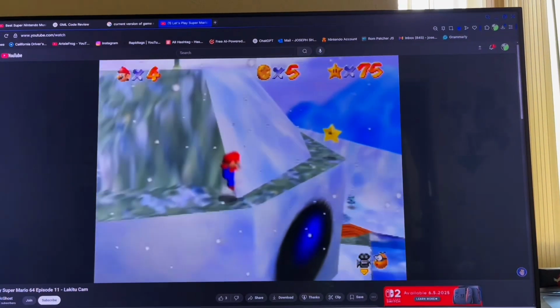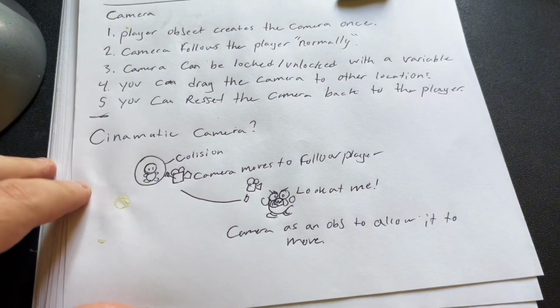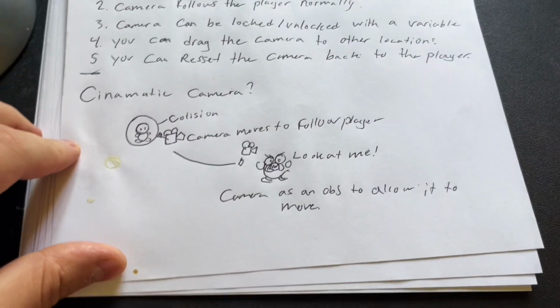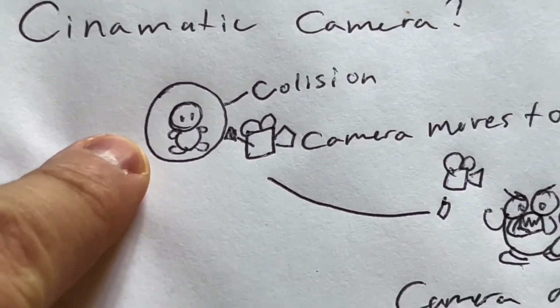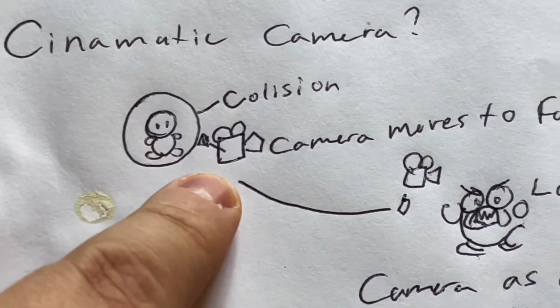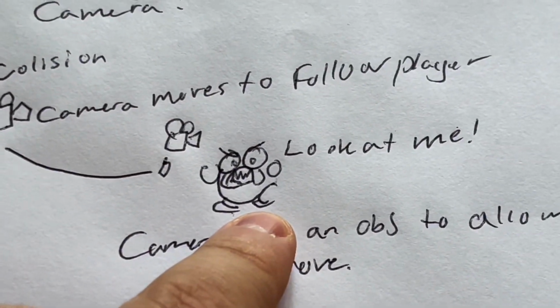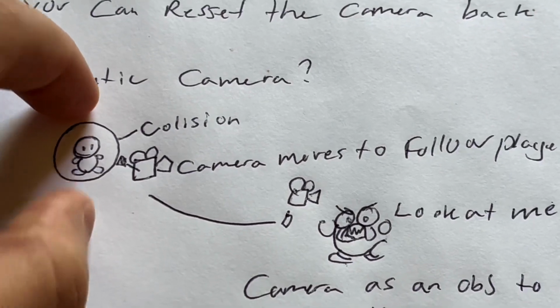In two-dimensional games, you didn't have to worry about that all that much. So while I'm hashing out camera ideas, I came up with a similar idea. This is the player character, and there's a camera object that goes to the center of the player unless there's something else taking the camera's attention. So the character, I'll just show you.